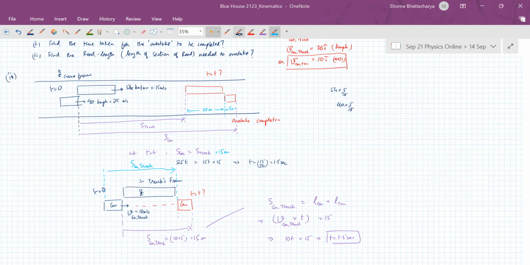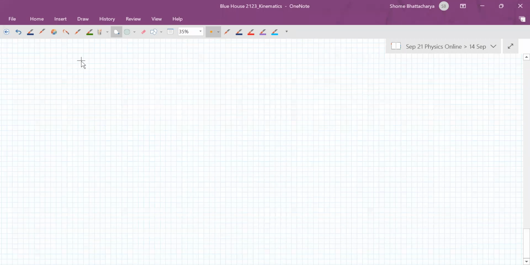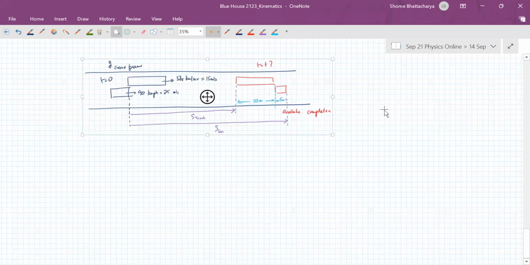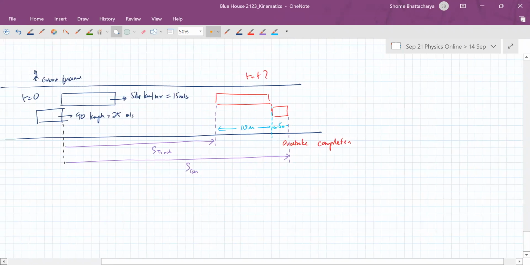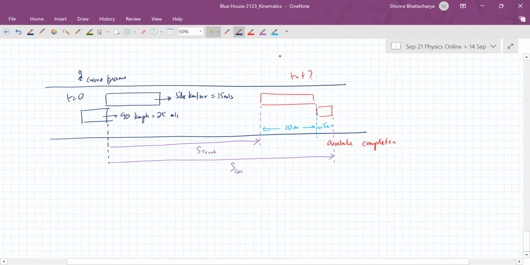Yes, Vedant, I will just answer your question in a moment and you'll understand. Okay. So if you actually just look at this diagram, you'll understand what is the total road length that is being utilized. It is the patch of the road in which, from the beginning of the overtake at t equal to 0 to the completion of the overtake, which we have now calculated to be 1.5 seconds, is the amount of road length that is being occupied by this system, which you can think of like the combination of the car plus truck.